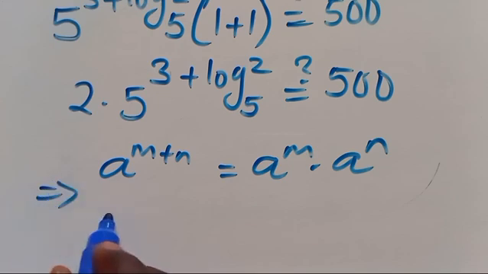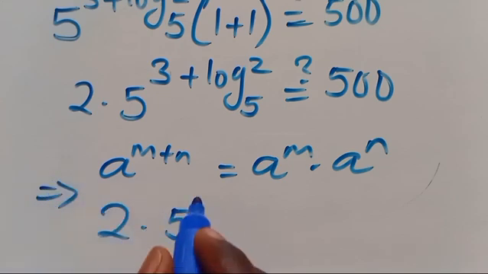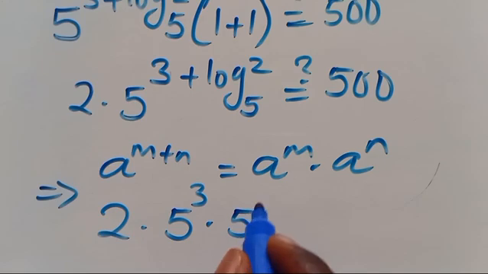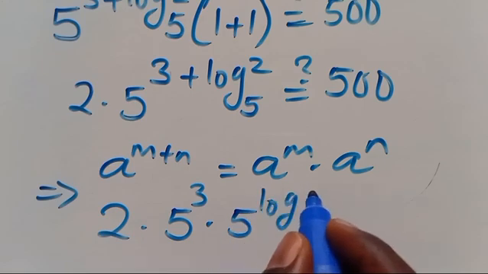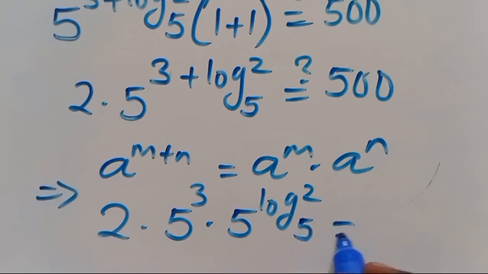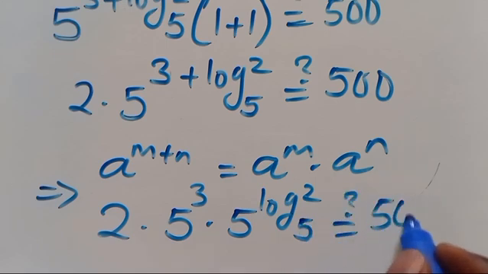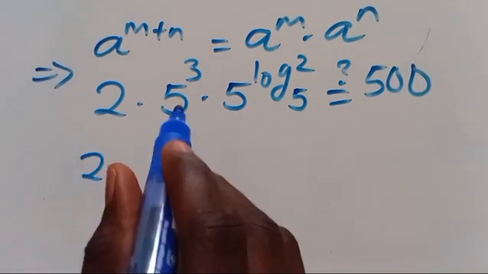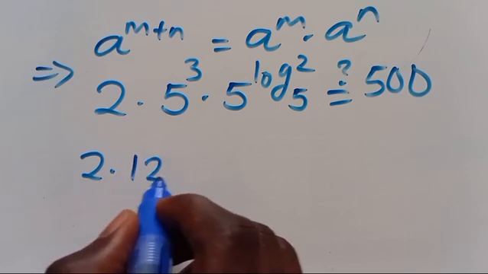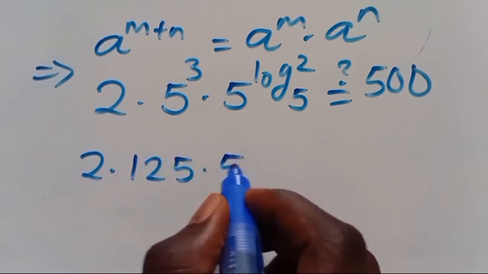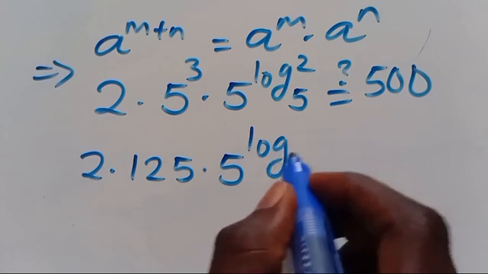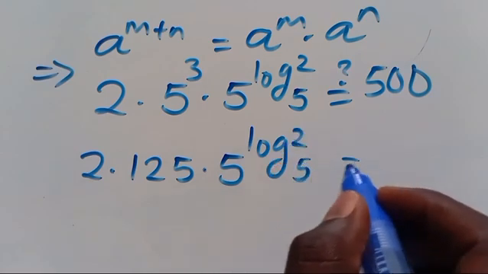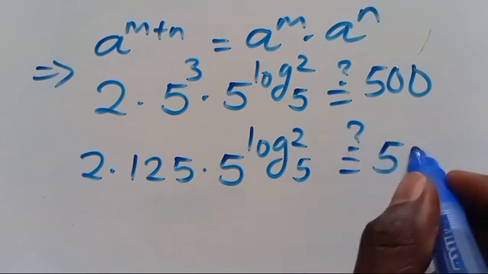So this implies we have 2 times 5 to the power of 3 multiplied by 5 to the power of log 2 in base 5. We have 2 times 5 cubed, which is 125, multiplied by 5 to the power of log 2 in base 5, giving us 500.